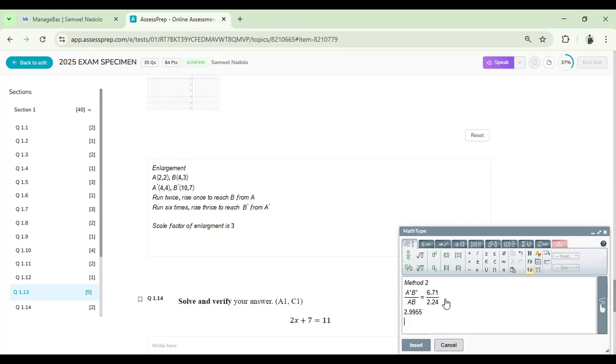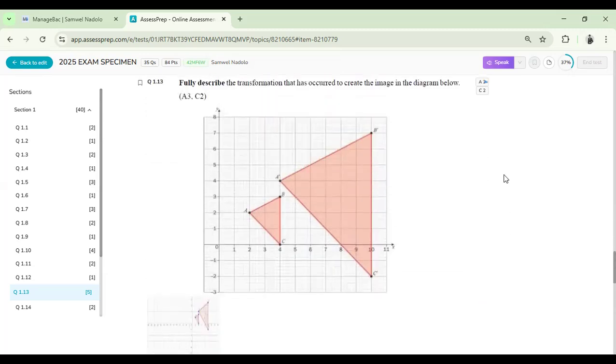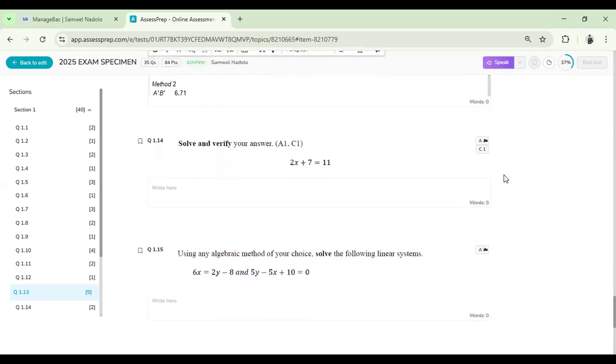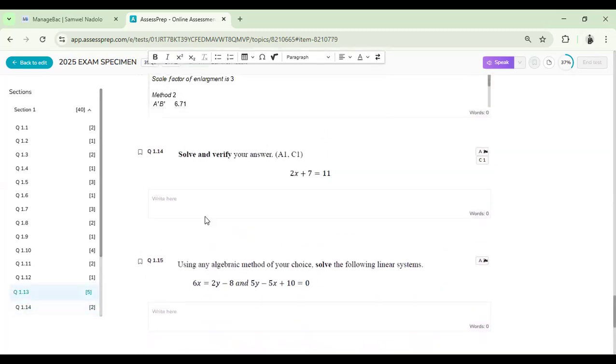If you take this to two decimal places and round up, it will be 3. So you see you'll just get the same answer. So you can either use segments to get the scale factor, or you can use that method. Okay.